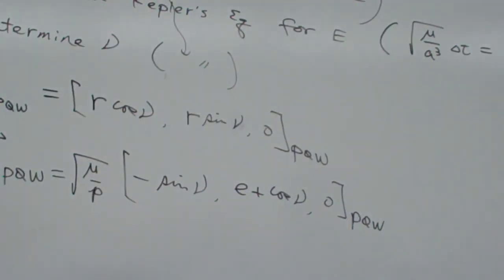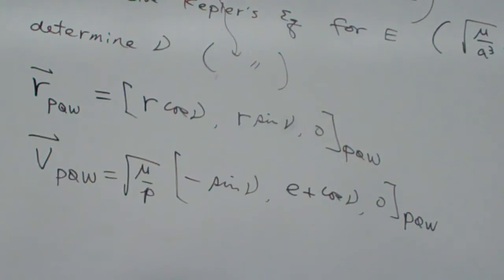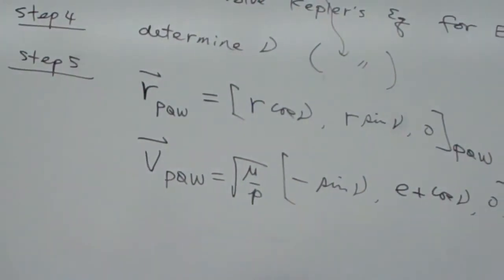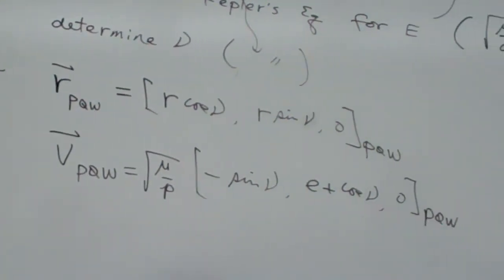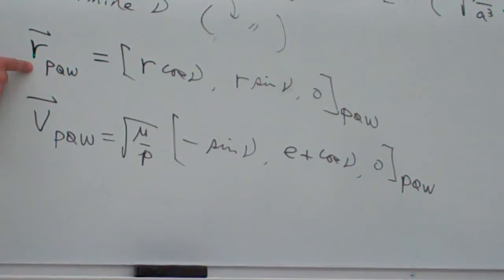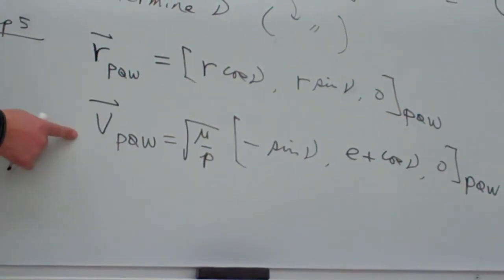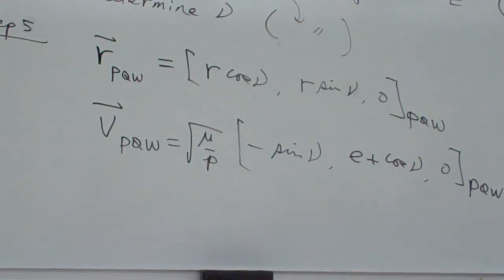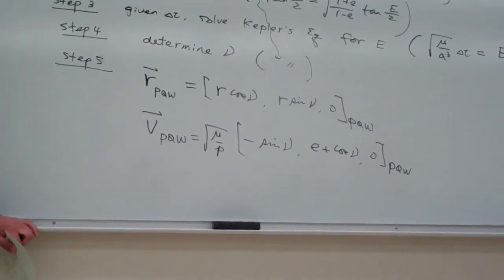Once we have done this, pretty much we have solved these equations, and we have the final destination. If we wish to express the position and velocity in terms of ijk, then we know we have the transformation. We have that formula.